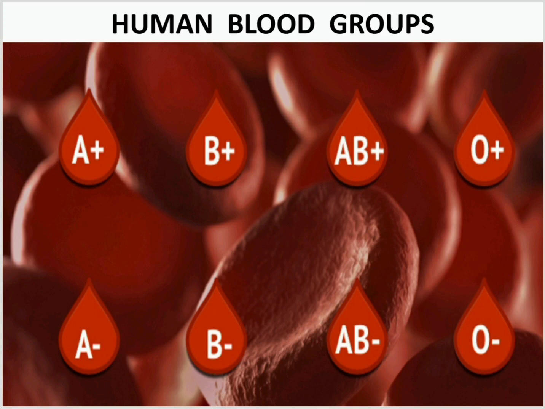So we can say that in humans we have 8 different types of blood groups, which can be A positive, A negative, B positive, B negative, AB positive, AB negative or O positive, O negative.